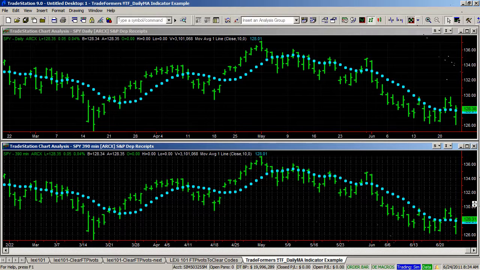And the reason I bring this up is there's a difference between analytic lines, moving averages that are calculated off of the intraday bar chart data as opposed to daily data. And I'm going to argue that the intraday bar chart data is more accurate in the context of automated trading. And we'll get to that in our next session.